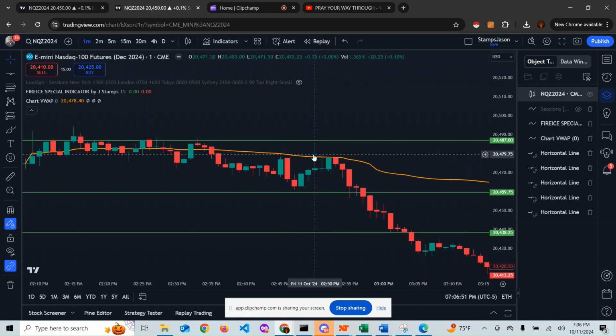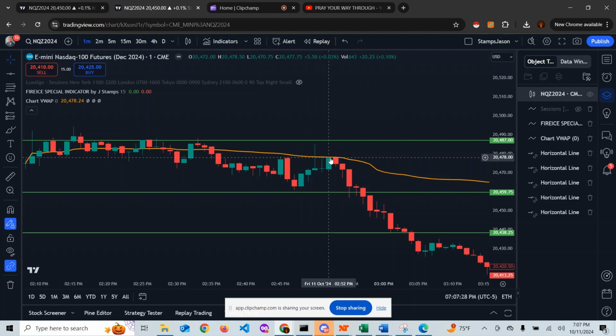If the VWAP is up here, this tells you that price may pull all the way back to this level before it goes lower, because a lot of traders look for price to pull back to this level and reject it, which is what it did here. It did not close above, and then it came back down below this level. So a lot of people look for a pullback to this level, and when it gets there, they want to see a rejection or a break.